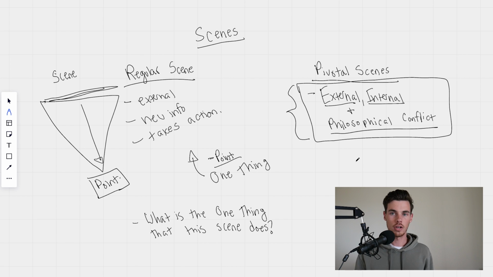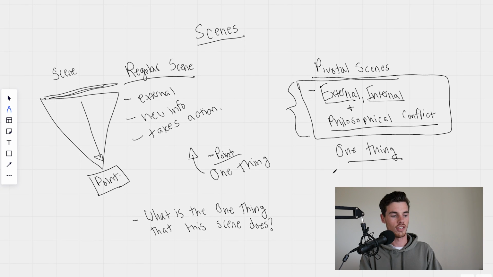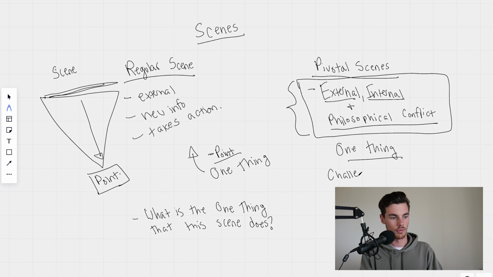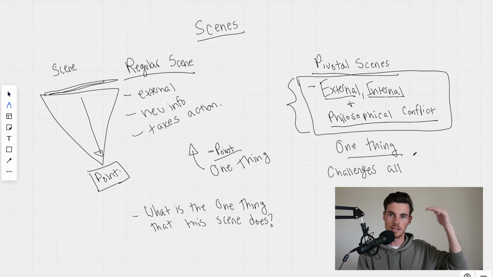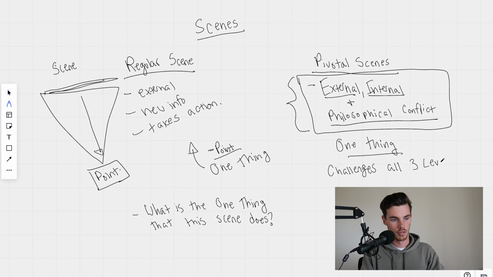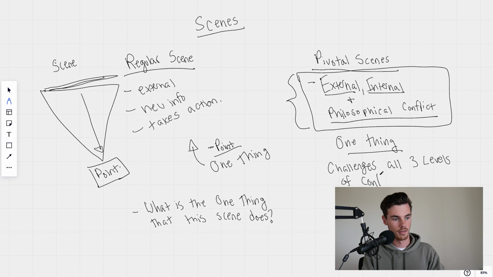So when you're trying to fix a pivotal scene, it becomes very simple again, right? Which is like, what is the one thing that's happening here that challenges all three stakes, or all three levels of your story? Challenges all three levels of conflict, right?